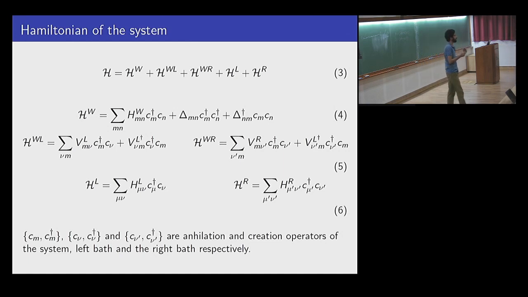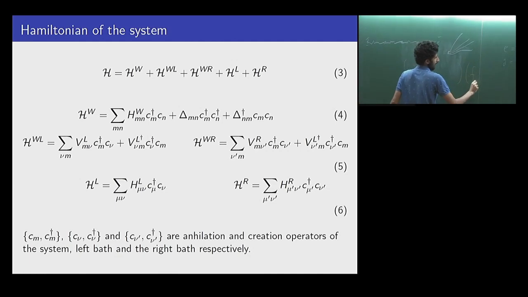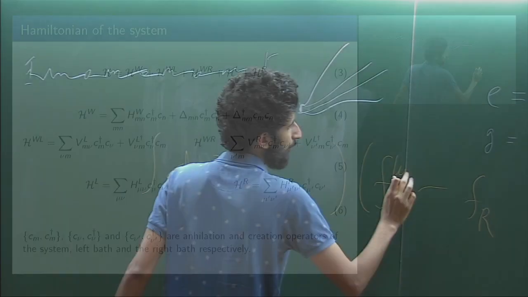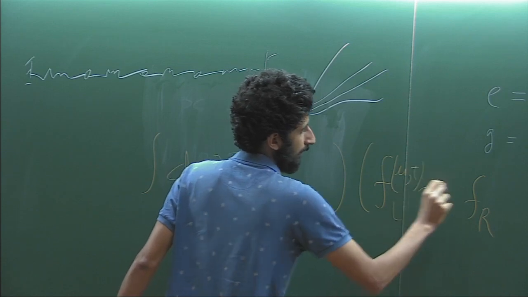There is a particular configuration of these mu L, mu R, TL, TR, which will give you the current going in from the left end and the current going out from the right end to be the same, which is you take mu L equal to minus mu R equal to mu. Then this expression reduces to an integration over d omega of some trace and f L minus f R at omega, mu and minus mu.